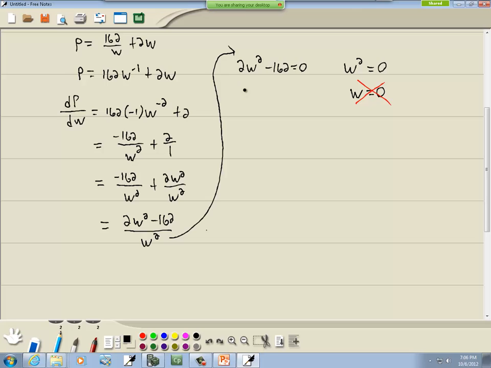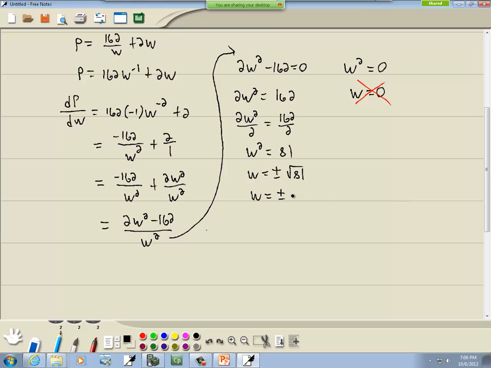Well, let's solve this one. I'm going to take the negative 162 over to the right side, and it becomes a positive 162. Divide both sides by 2, and we get W squared is equal to 81. Square root property. We'll drop our squared, and we'll put a plus or minus square root around the other side.